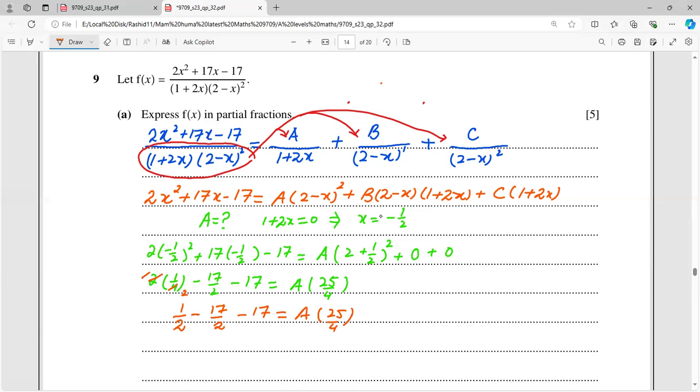That becomes 1 minus 17 minus 34 divided by 2 is equal to the A times 25 by 4. Please check my working is correct or not. That becomes 51, that becomes minus 50. I'm writing over here, minus 50 divided by 2 is equal to the A times 25 by 4.